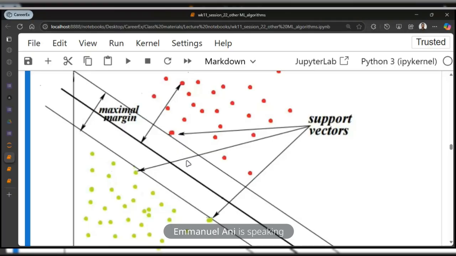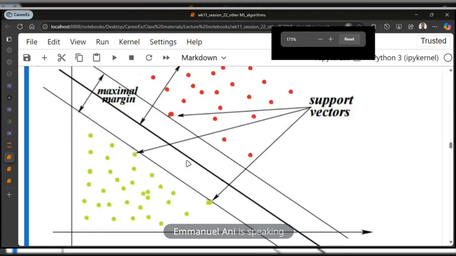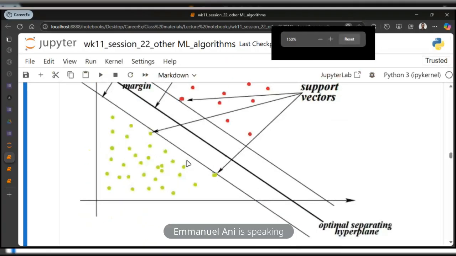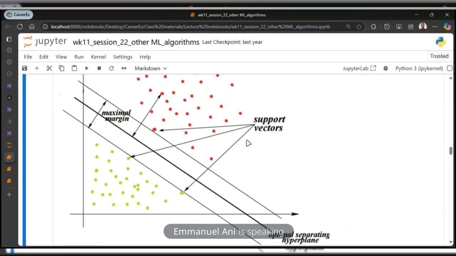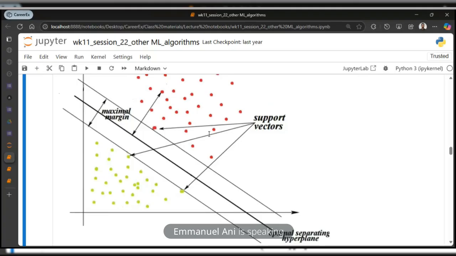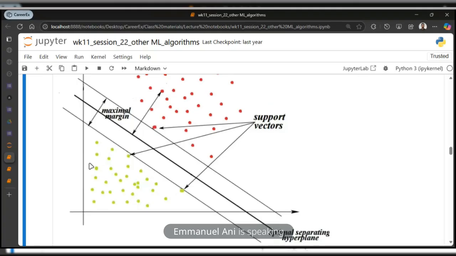So this is a 2-dimensional feature space, right? It just has 2 dimensions, x and y axis. All right. So now we have the hyperplane that has been created here. Among these 3 lines here, which one is the hyperplane?